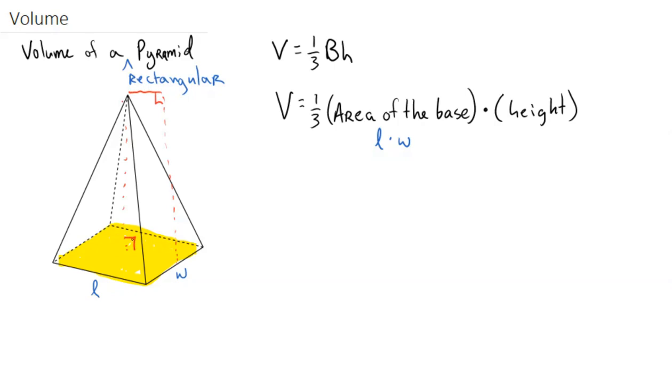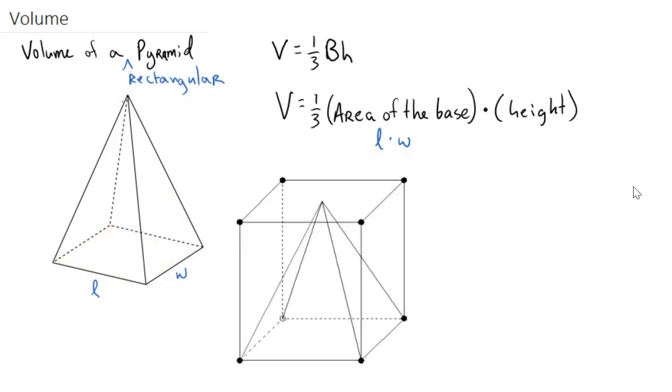This is really hard to see what's going on. So I'm going to put another image on here that embeds a pyramid inside of a rectangular solid. Alright, so here I just put a pyramid inside of a rectangular solid, and the length and width that I would talk about would be the length and width of that rectangular solid.